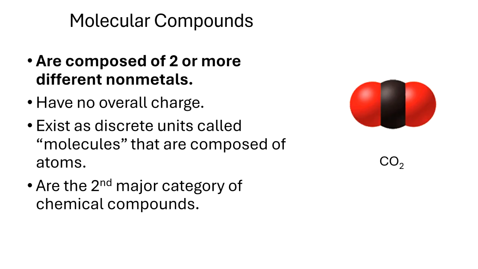Molecular or covalent compounds don't have an overall charge. They exist in their smallest components as molecules, and the molecules contain atoms. They're the second major category of chemical compound, and we will spend almost all of our time studying organic chemistry. We'll be working with molecular compounds.